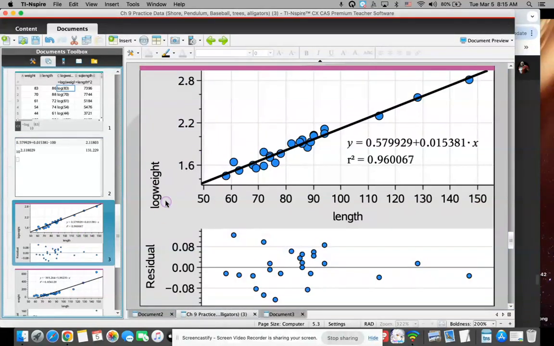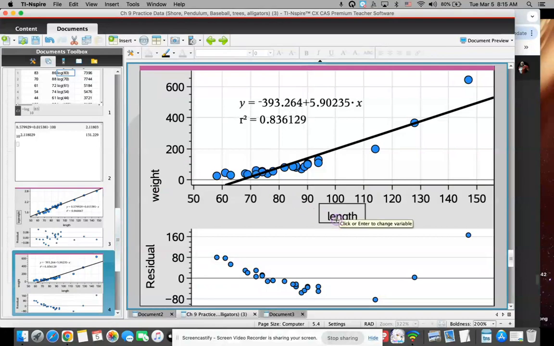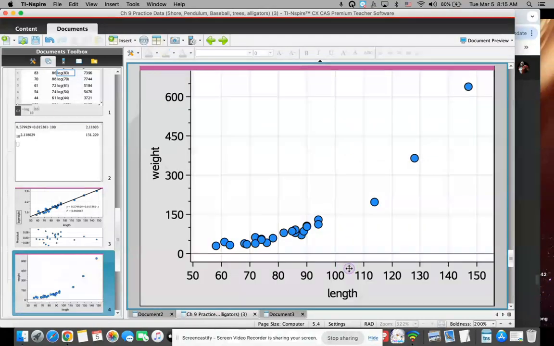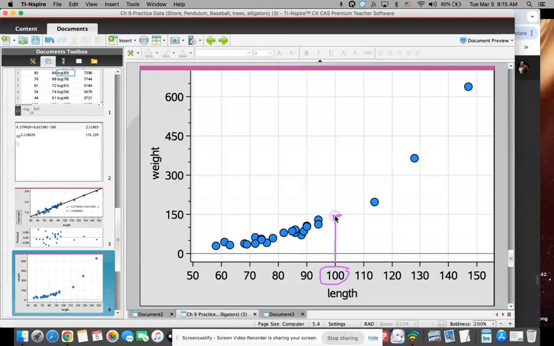All right, now this is the straightened set. Let me go back to the original. So this is length and weight. If I had an alligator with a length of 100, you can see if I follow the pattern, my prediction should be right about here, maybe a little less than 150.